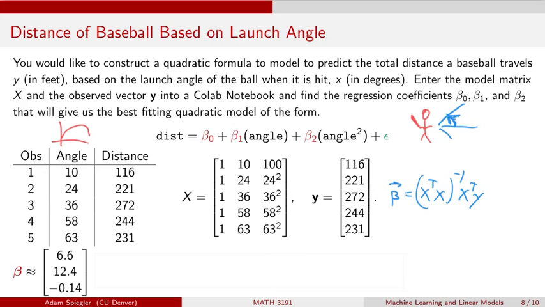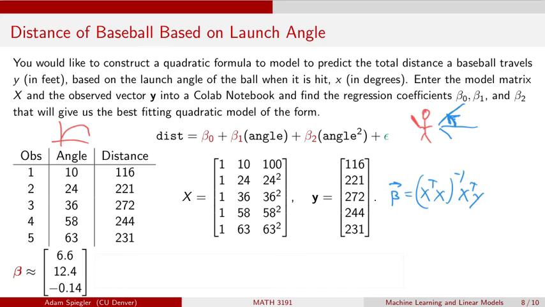And what we see is that the beta values that give us the smallest error would have an intercept term of 6.6, an angle coefficient of 12.4, and a coefficient in front of the angle squared as minus 0.14.